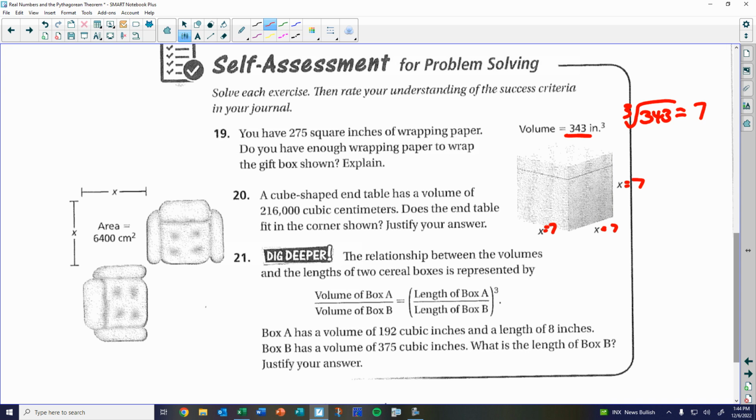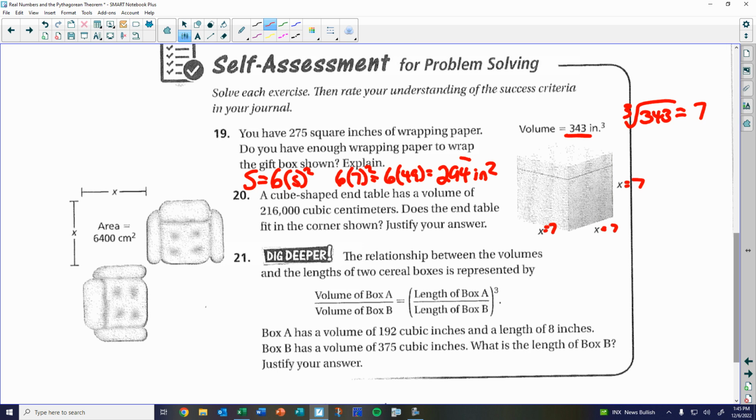Now, what that allows us to do is use the surface area formula. So for S, we're going to plug in a 7. And 7 squared is 49. And when you multiply 6 times 49, you get 294 square inches.